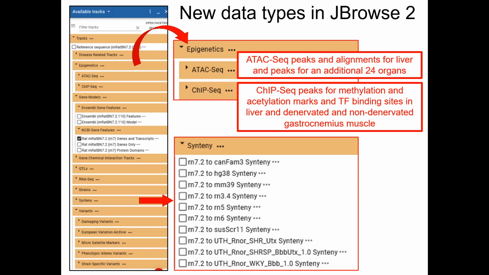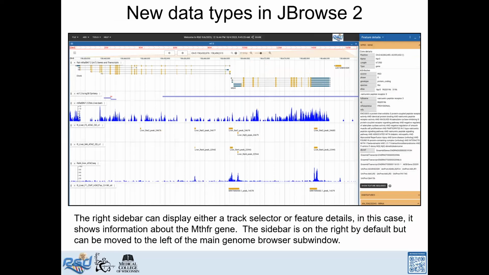And to explore the synteny functionality in JBrowse 2, we did, for lack of a better term, a quick and dirty run of Minimap2 to compare the mRatBN7.2 to a number of the other species in RGD, and also to all of the other rat assemblies that we have in RGD, and those results are available on JBrowse 2.